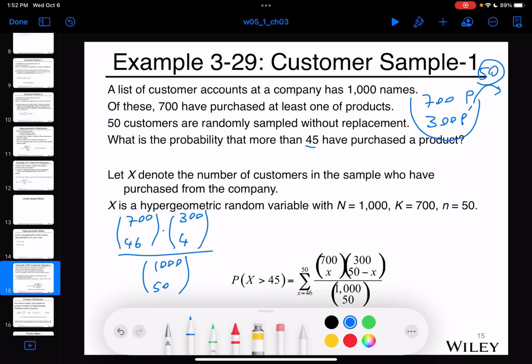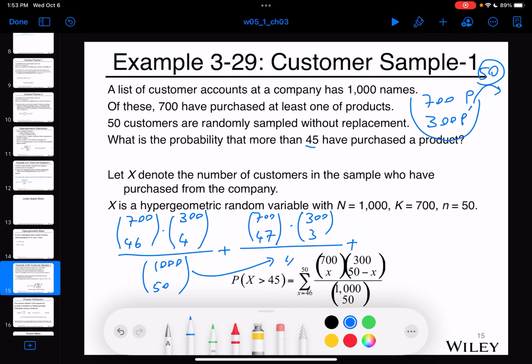And then plus, the next one is going to be quite similar. This one is going to be 47 out of 700 times 3 out of 300. And this is the same thing here, right? The total number of ways doesn't change, it's always the same number.